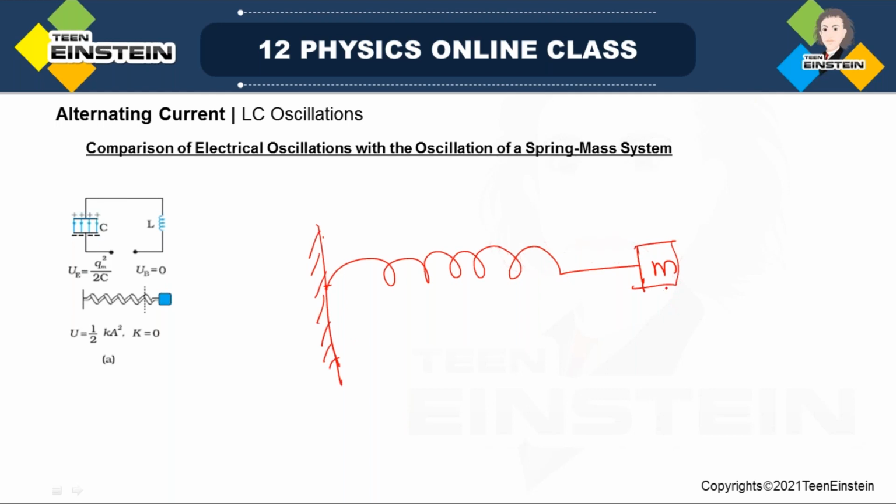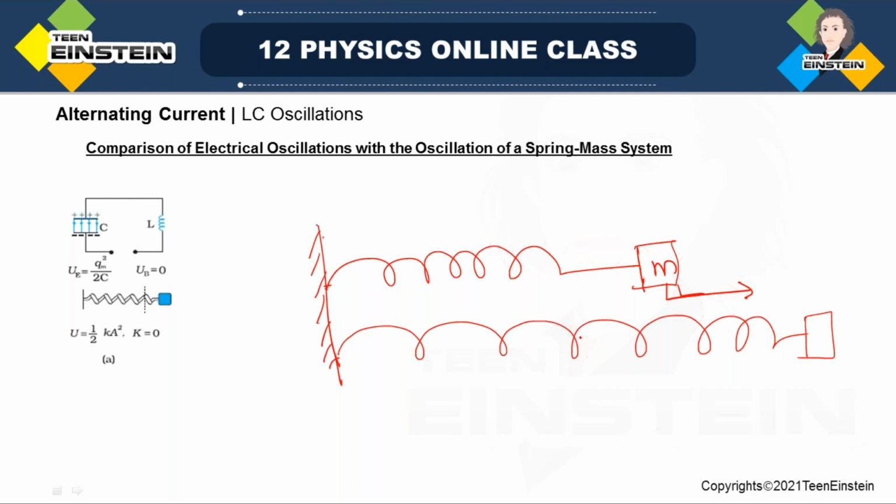If you hold this block and pull it this way, the spring will get stretched. Suppose this was the original position or equilibrium, and now you have stretched it by some distance x.